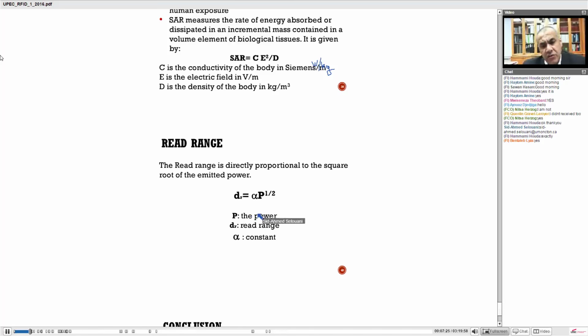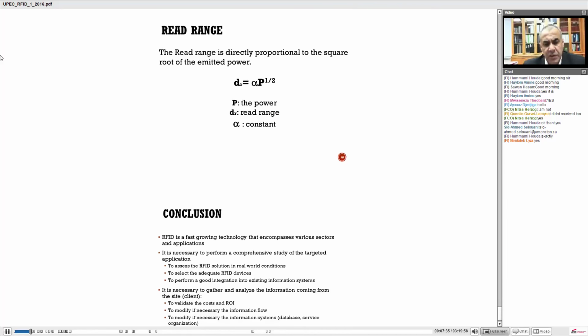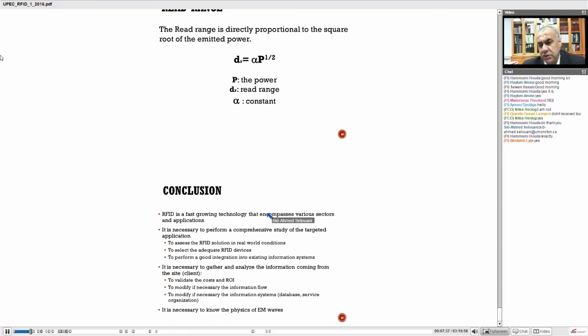So it's very easy. It's just to tell you that the read range is proportional to the square root of the power. And we have concluded.